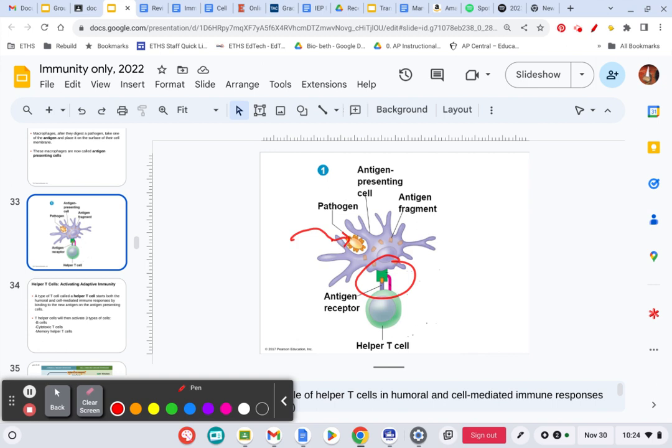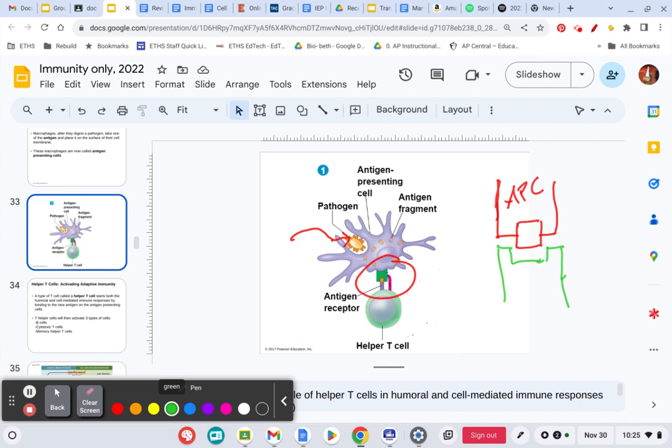Okay, so if that's, I'm just going to call it APC, my antigen presenting cell, then my helper T cell will say, okay, I'm going to form something that complements that.